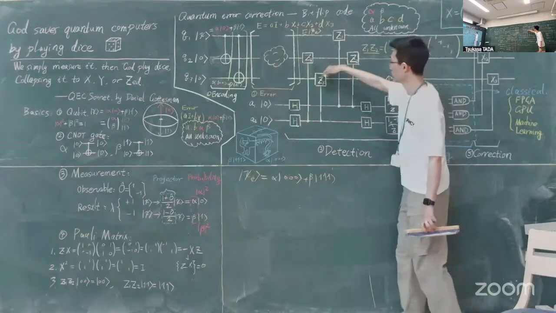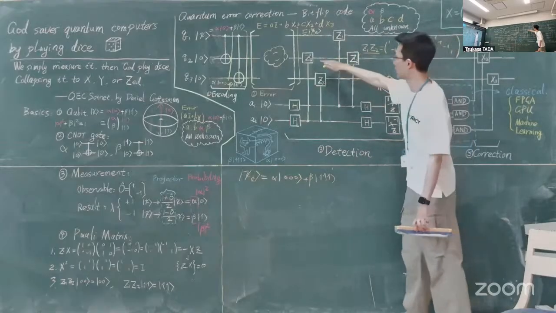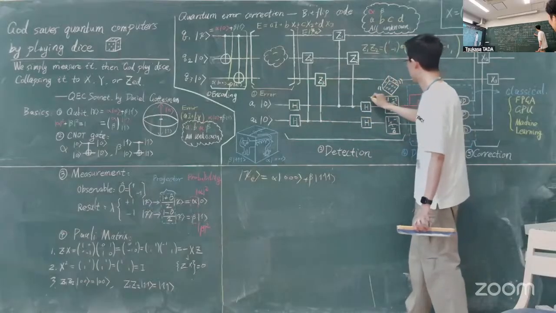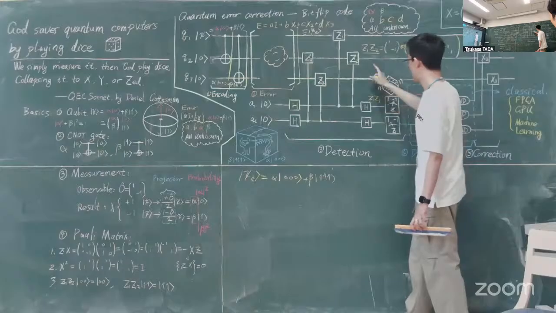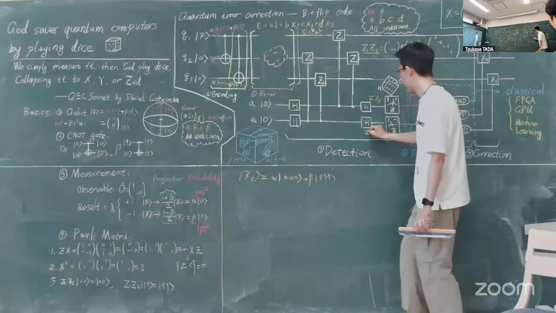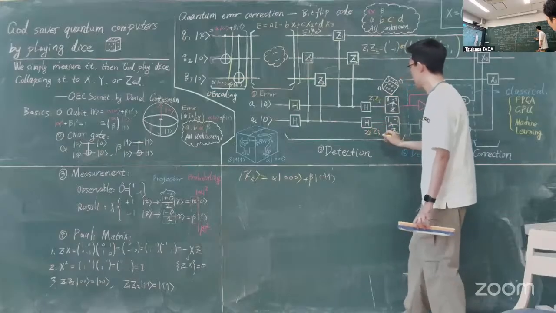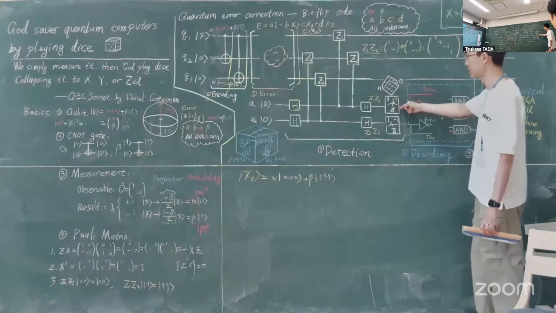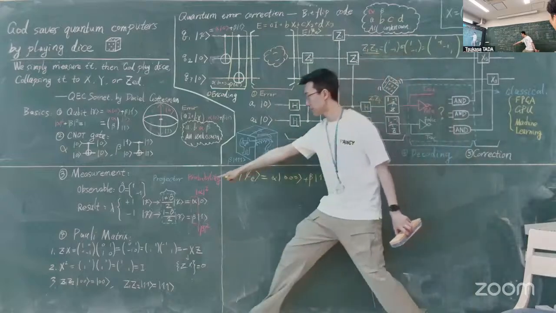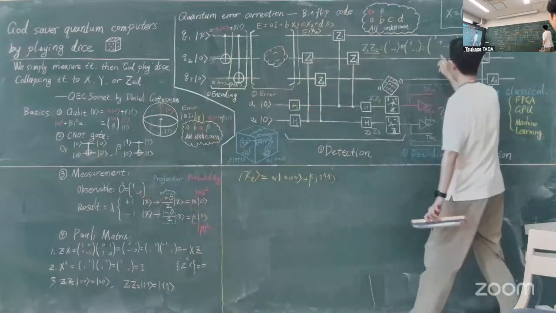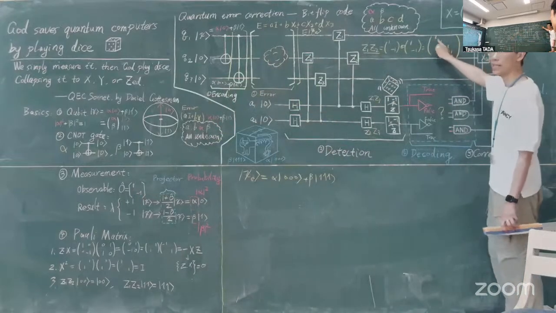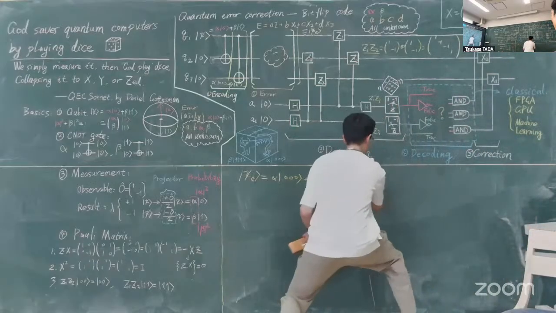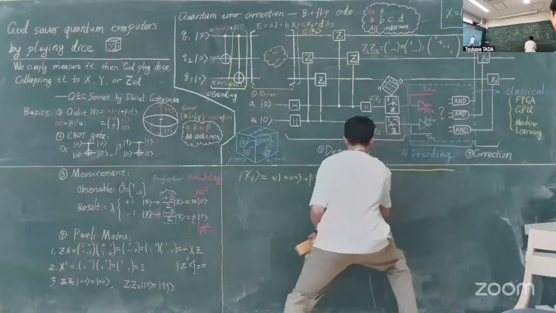So it has two observables measured here. This one corresponds to Z1, Z2, and this one corresponds to Z2, Z3. It will measure the eigenvalue of the operator, including +1 and -1. Okay, I will write a chart on what the measurement result is.